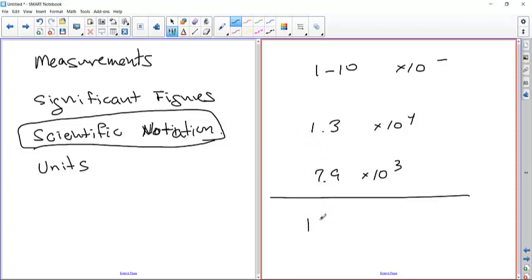I think there are cases where somebody would do 19.7 times 10 to the 3rd. So there is a number that's not between 1 and 10 here. I'm trying to remember when that's done.